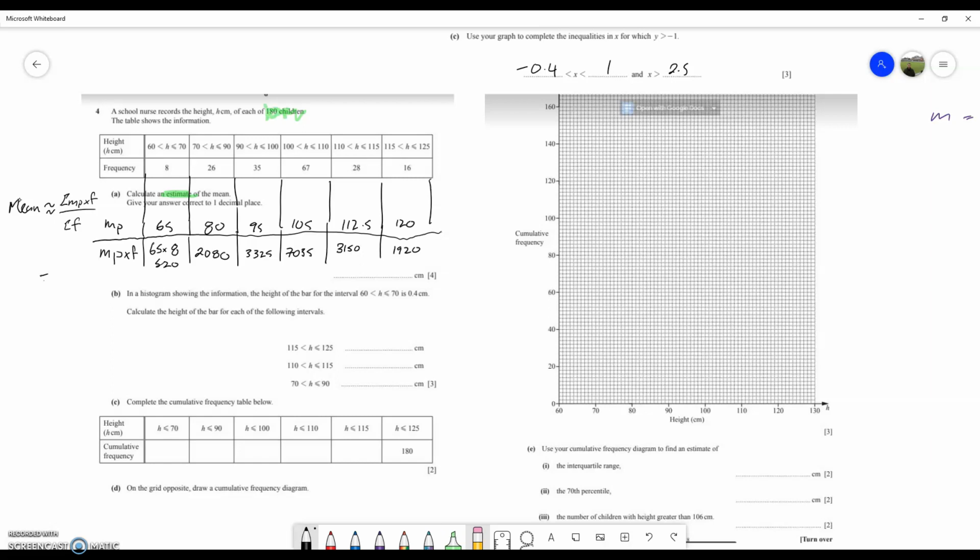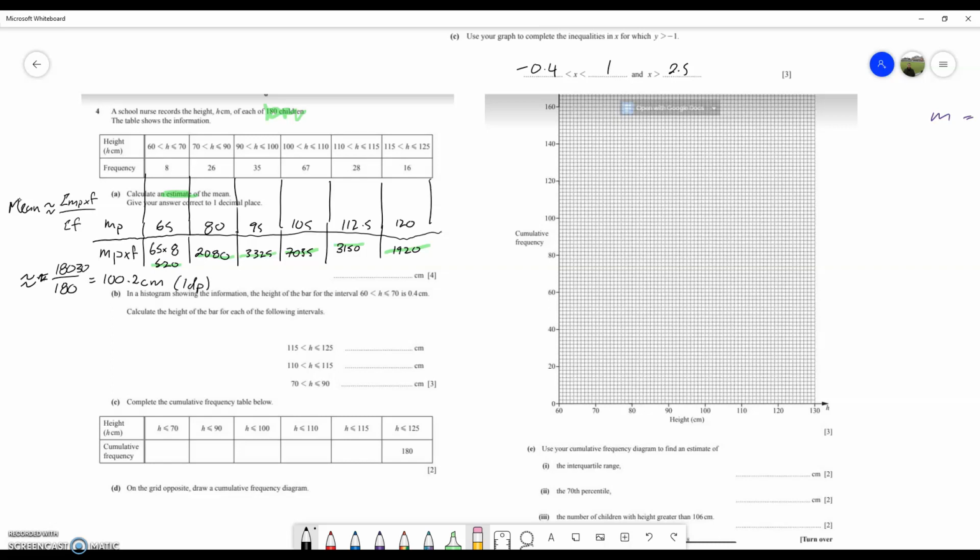So it's going to be 180 on the bottom, and then I'm going to add up all these other values together, the 520, the 2080, the 3325, and so on. If I do that, I end up with a total of 18,030. Sorry, that shouldn't be an equal sign, it's an approximation, which equals 100.2 centimeters to 1 dp.